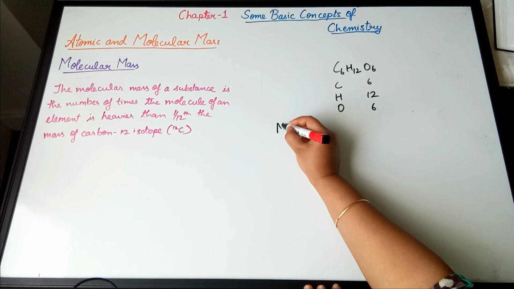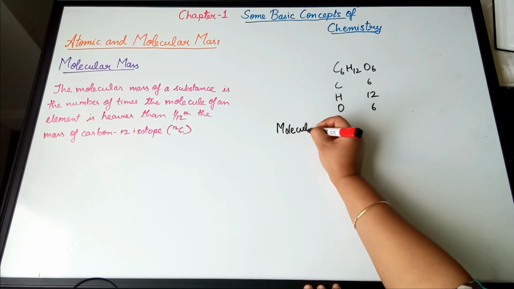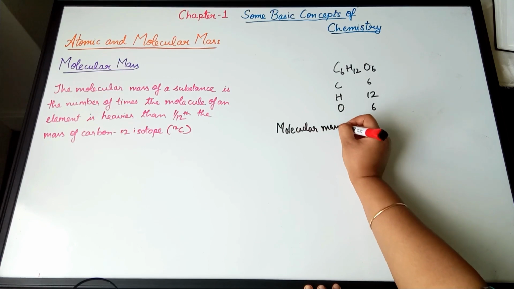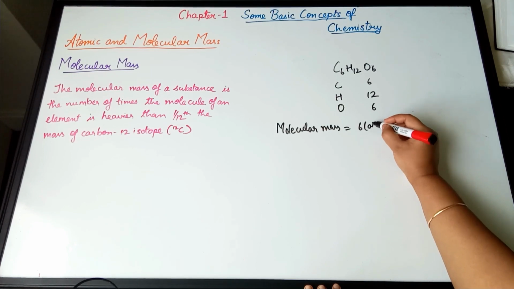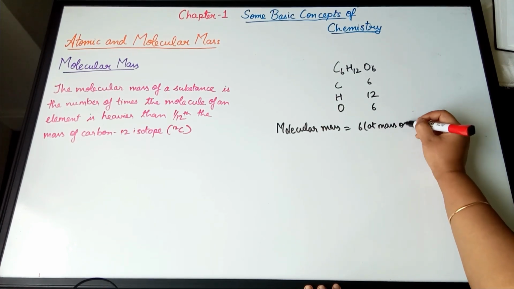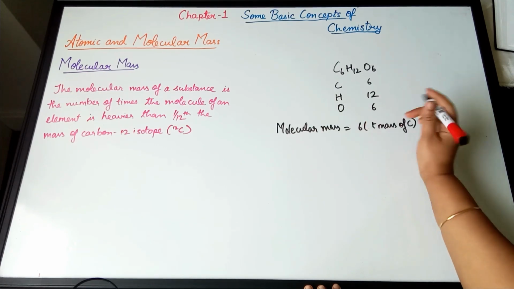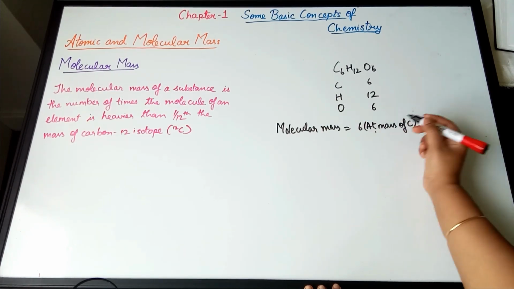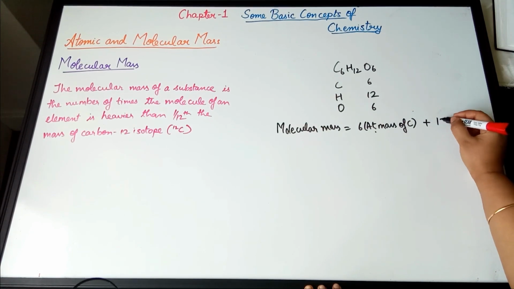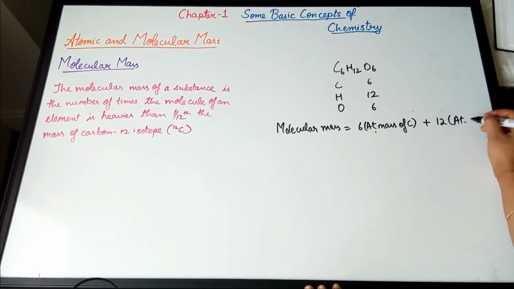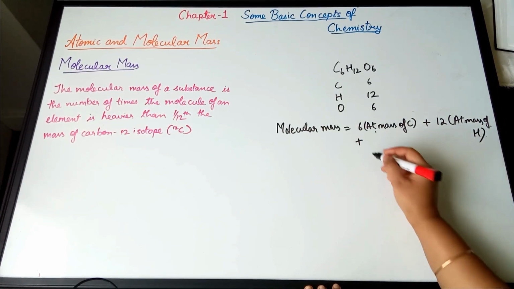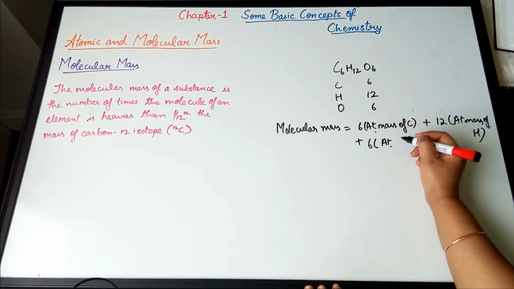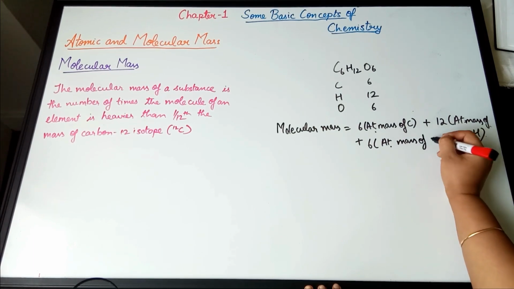Now to calculate the molecular mass, 6 into the atomic mass of carbon plus 12 into the atomic mass of hydrogen plus 6 into the atomic mass of oxygen.